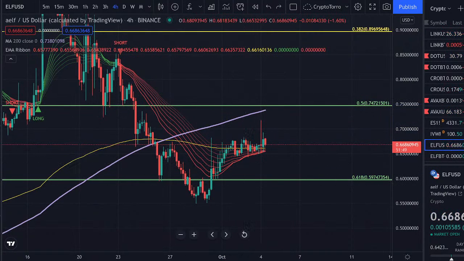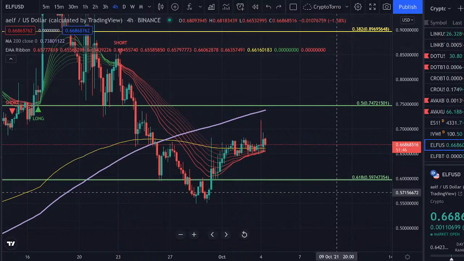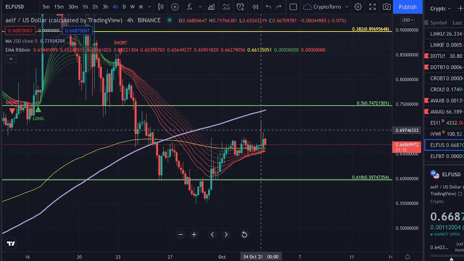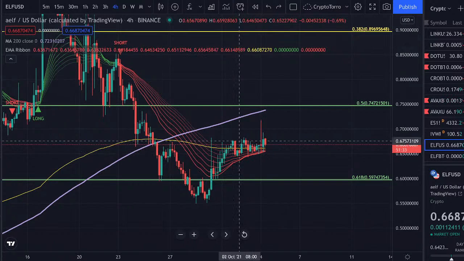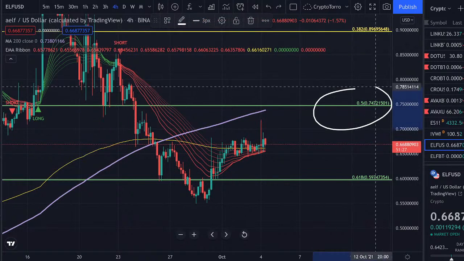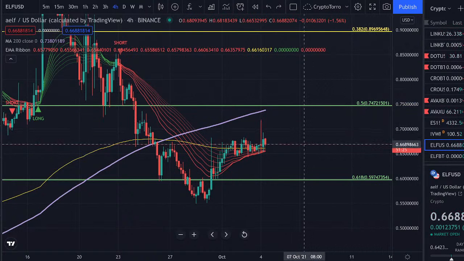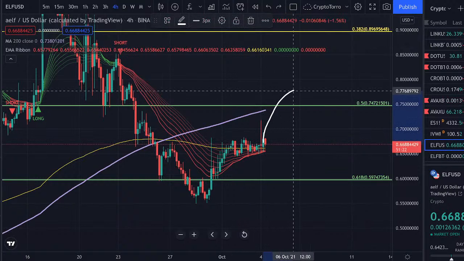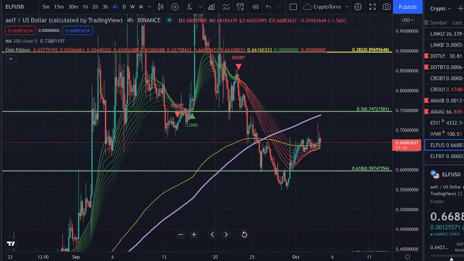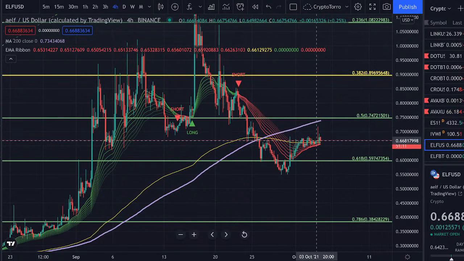So if you would like to be very careful, and if you would like to purchase ETH at a point in time when it won't be able to go even further towards the downside, I would personally wait to buy ETH above the 200-day moving average, and above the 0.5 Fibonacci at $0.74, due to the fact that if we head towards this area, yes, you will be purchasing this token a little bit more expensive, but you will for sure be seeing returns afterward and not seeing a decline in its price action.